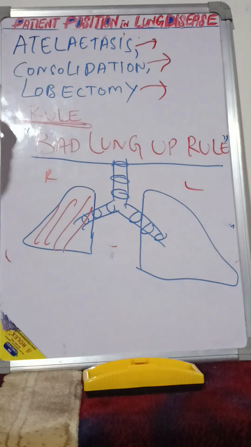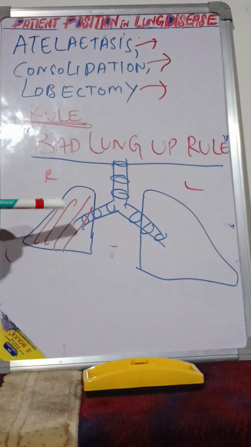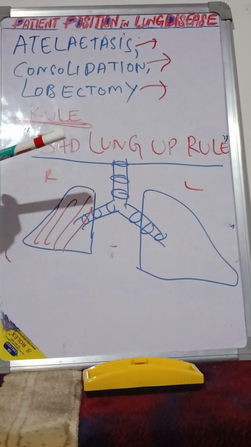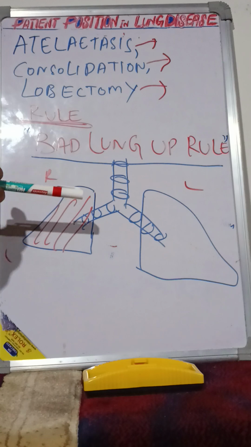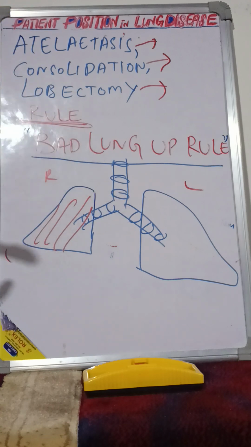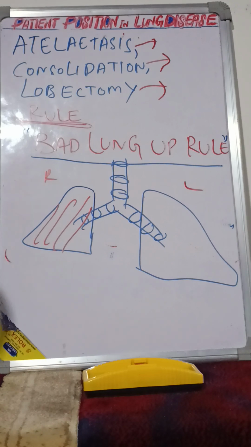In all these conditions, whether it be atelectasis, consolidation, or lobectomy, you have to keep the affected side lung, the pathological lung or bad lung, upwards. This is the basic rule of pulmonary ventilation.